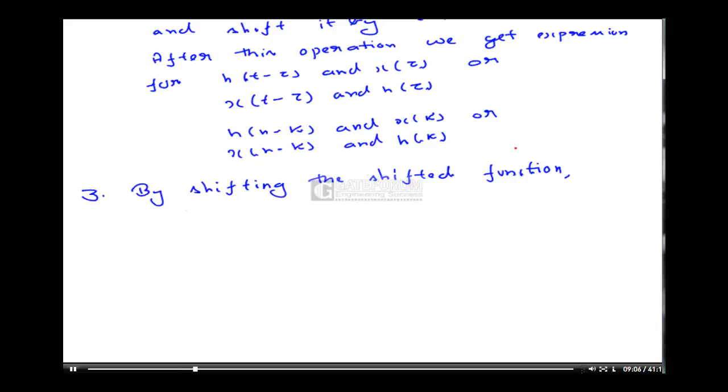In that process, it may happen that some portion of x(t) and some portion of h(t) may overlap. For the portion which is overlapping, we will integrate that region, or sum that region: multiply and sum.